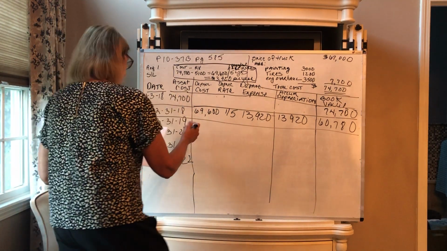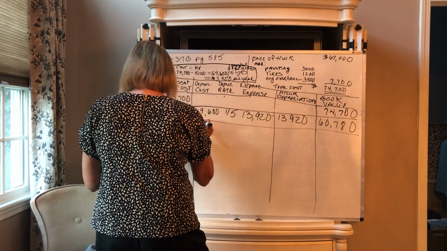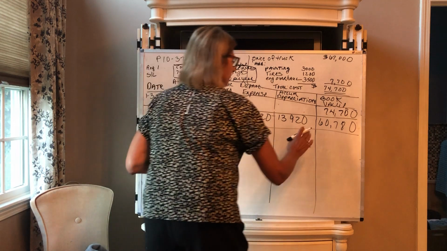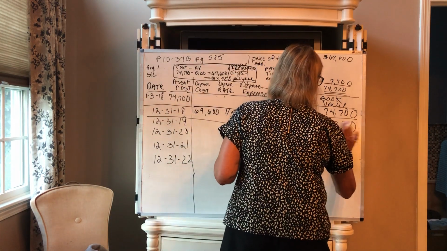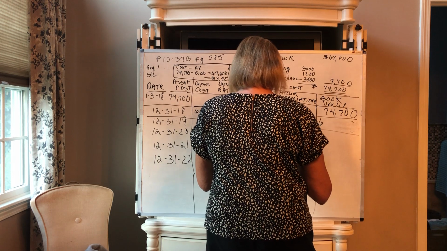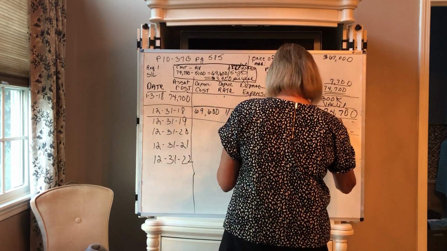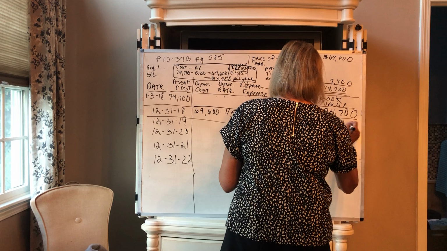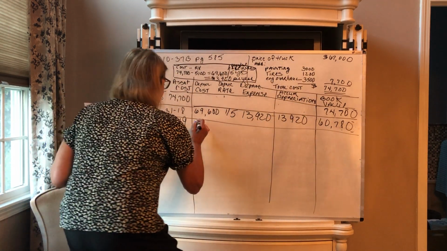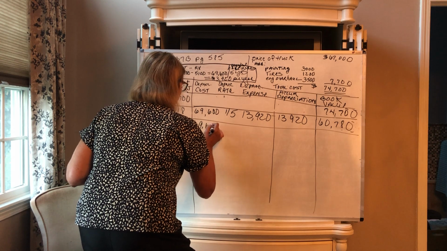Bring the new book value over. 60,000, oops. I got the wrong number. How many times am I going to mess this up? I went down one. 60,000, no, that was right. Okay, let me bring that over. 69,600.